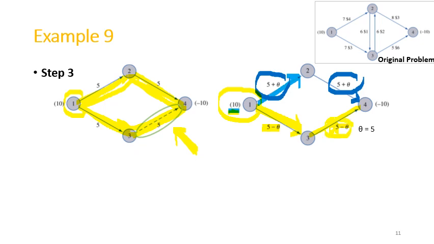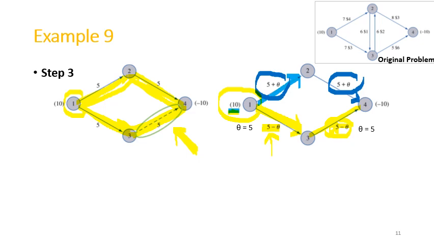Currently you have 5 units and then you can reduce it as much as 5 units until nothing flows from 3 to 4. The same logic for 1 to 3. Currently it has 5 units of flows, so you can reduce as many as 5, such that if we do that, there will be nothing flowing from 1 to 3.